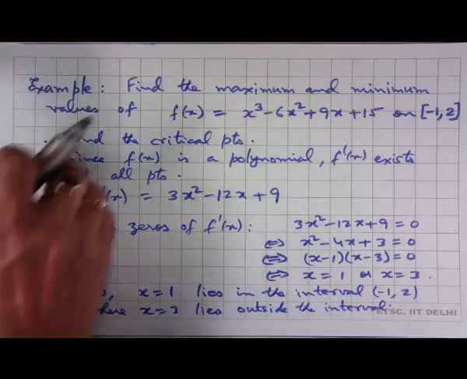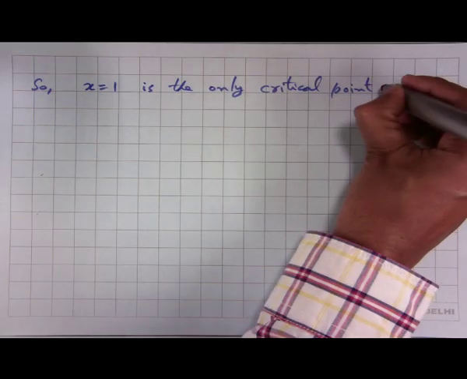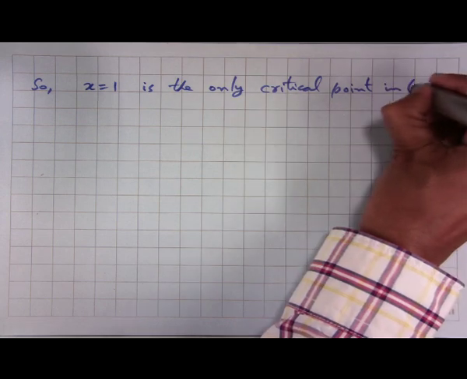So, x equal to 1 is the only critical point in the open interval -1 to 2.